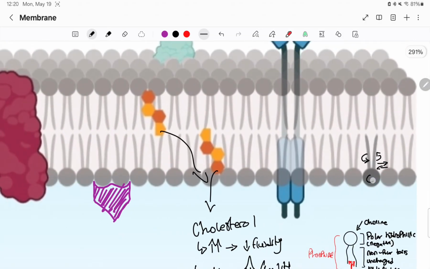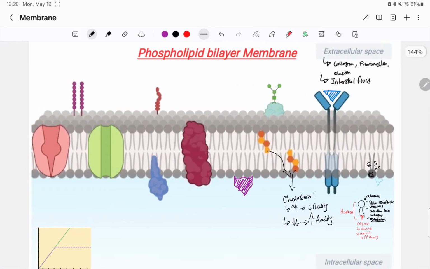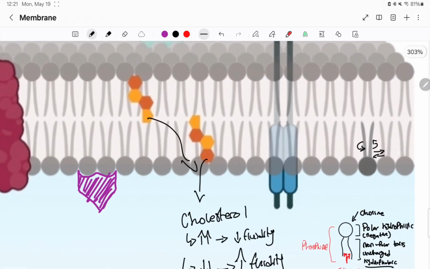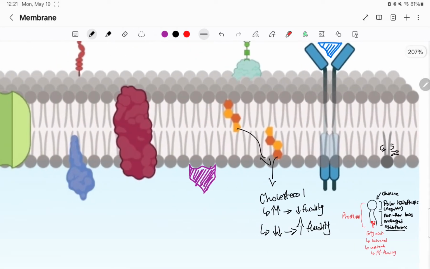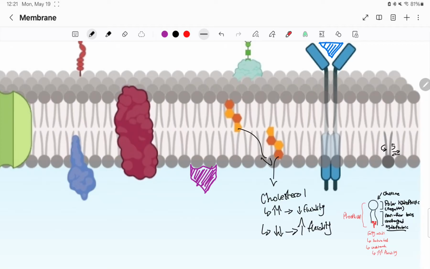In fact, you can tag one phospholipid and see it traveling all throughout the membrane of one cell, okay? And sometimes, in very rare instances, they can even flip to the other side, okay? But that requires specific enzymes that are called flipases, okay? I'm not even kidding. Now, that's that note about these phospholipids again.